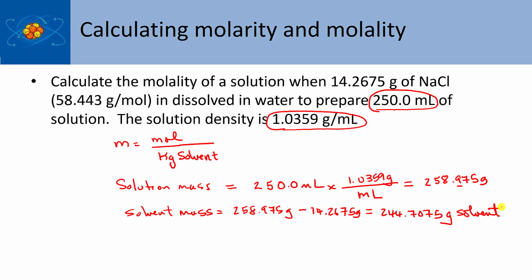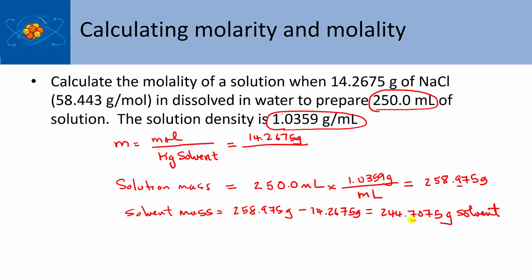Now, molality. To do our calculation, we're going to start with 14.2675 grams, and then we need to convert the 244.7075 grams into kilograms. Again, we have significant figures to this place here.